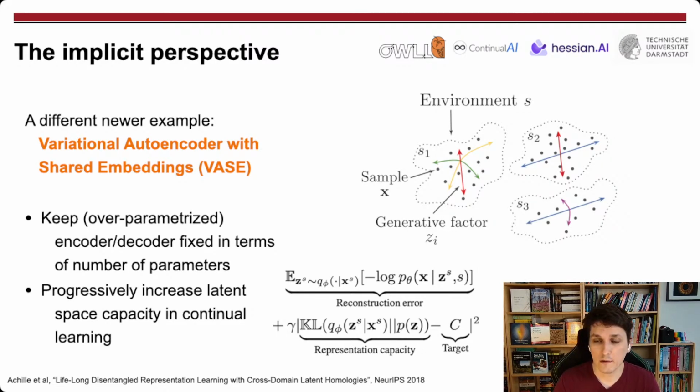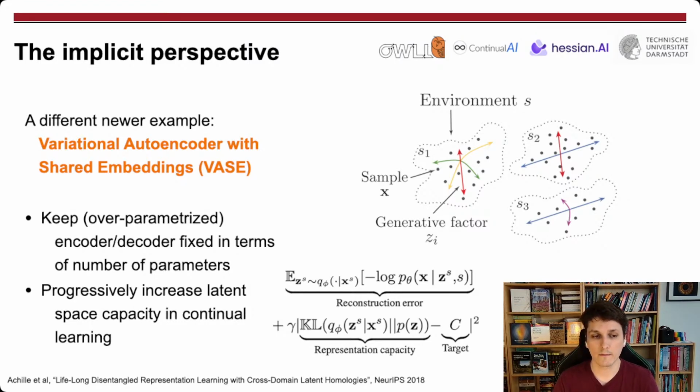And in the specific paper that I've linked on this slide, the way this is being done is rather intuitive. It's putting a constraint term on the KL divergence, which represents this representation capacity. So recall that the KL divergence controls how much we fit into this Gaussian in the latent space if we pick a Gaussian as a prior, whereas the expectation term on the top is the log likelihood for the reconstruction error, how good we're at reconstructing our inputs again.